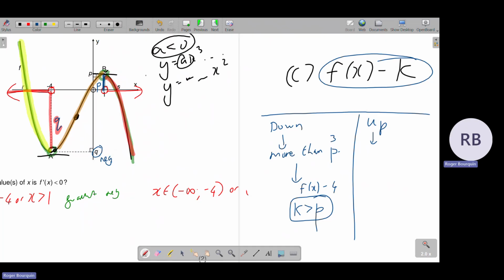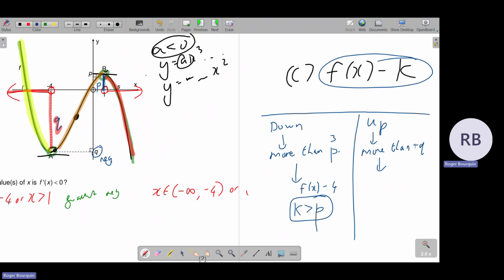So you have to move it up more than that number, more than positive Q. Is it a negative? Careful.